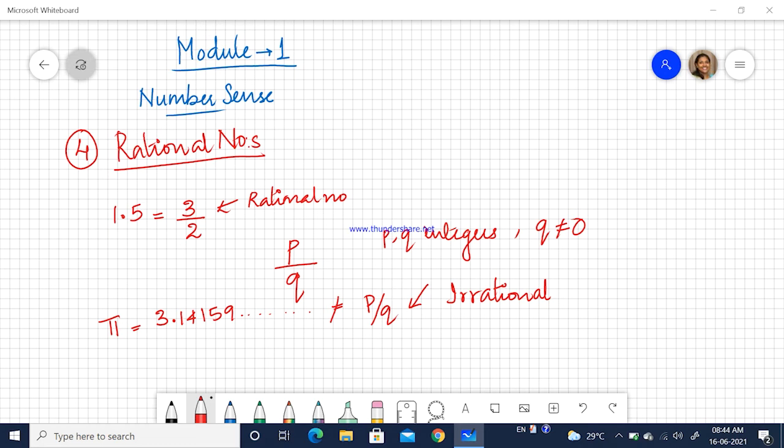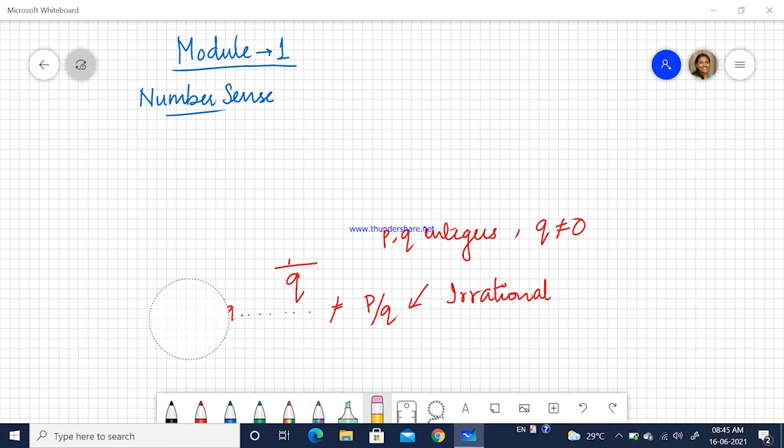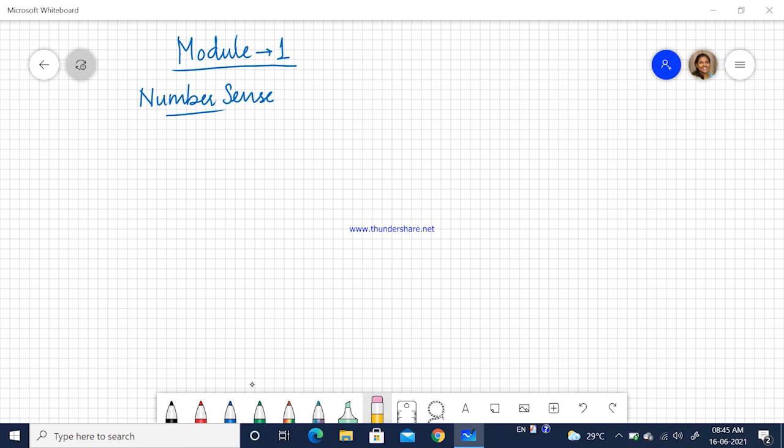Let's see some examples of rational numbers and irrational numbers. Given a number, if we can represent it as a fraction, identify whether it is rational or irrational.